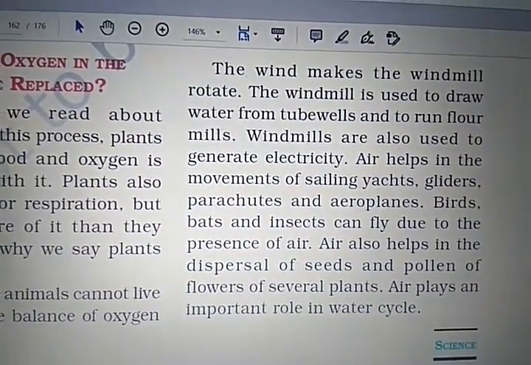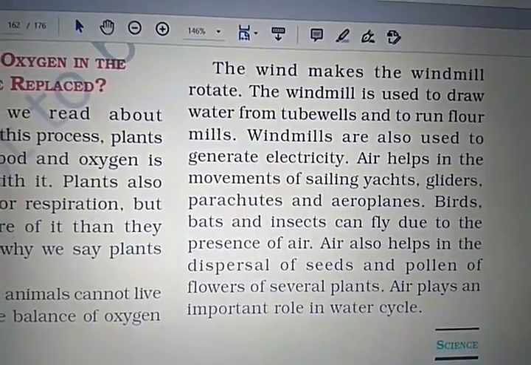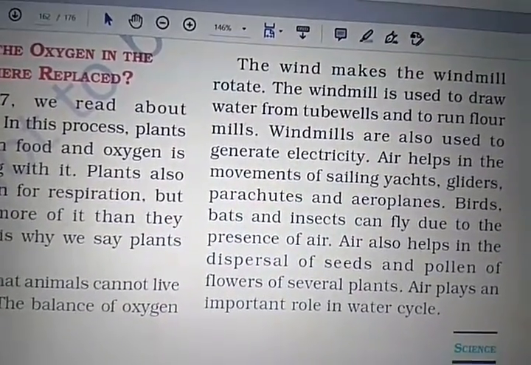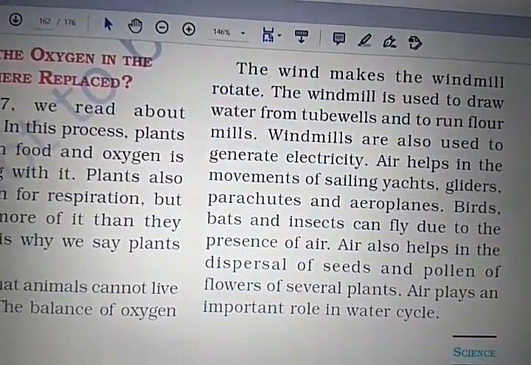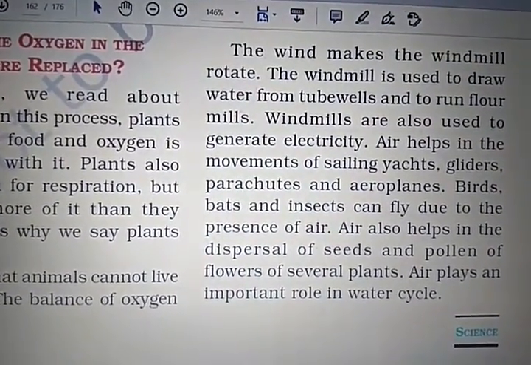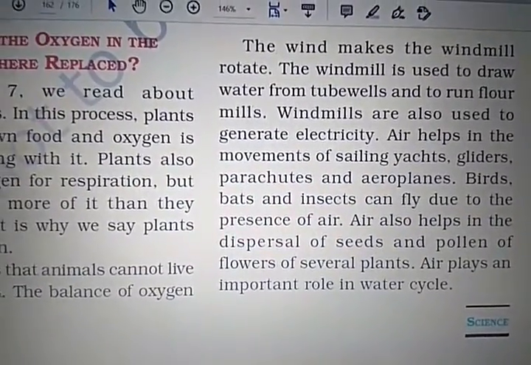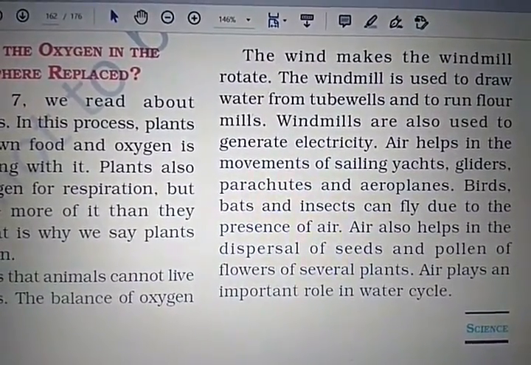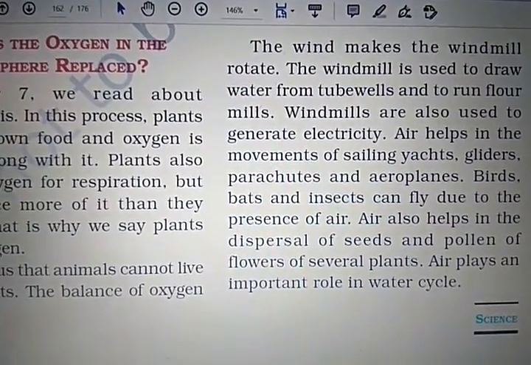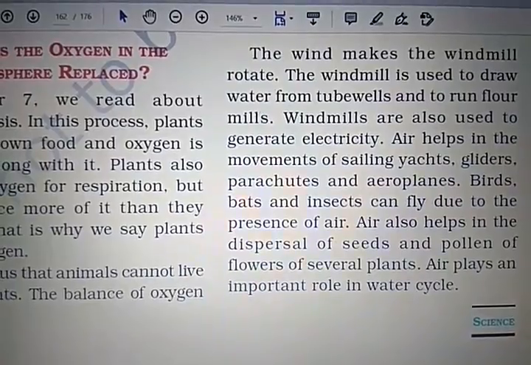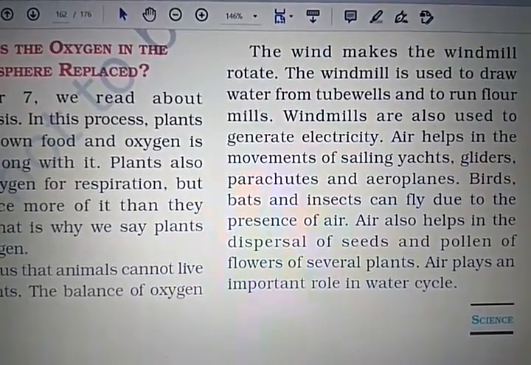First of all, to run windmills, wherever the geographical conditions are right and the wind speed is high, such big windmills are set up. In remote areas where electricity is not available, through windmills we can provide electricity.